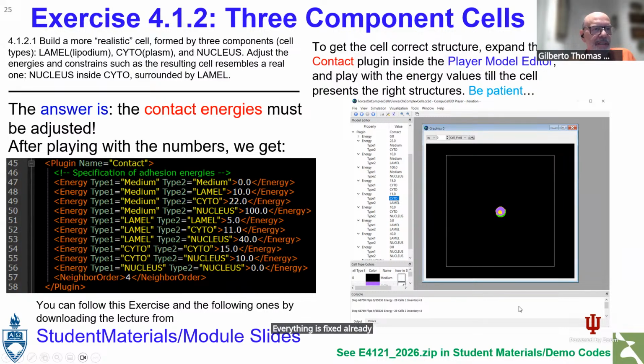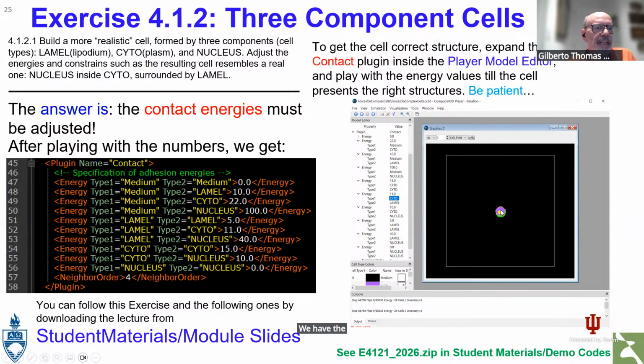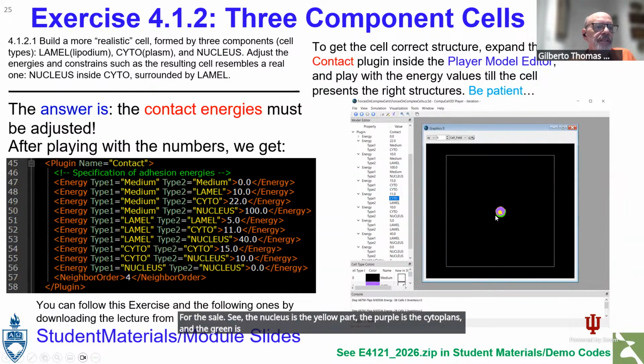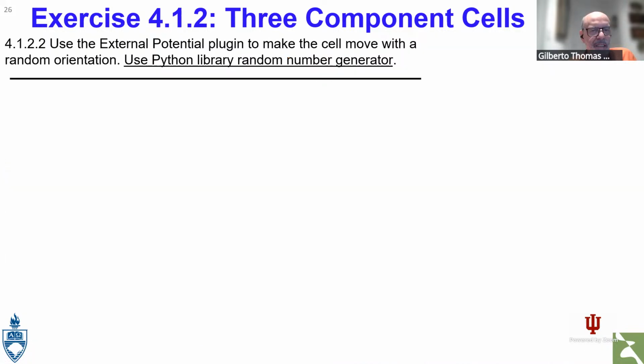If you put the simulation to run with these new values, we have the correct shape for the cell. See, the nucleus is the yellow part, the purple is the cytoplasm, and the green is lamellipodium. The nucleus inside, lamellipodium around the cell, like it should be.